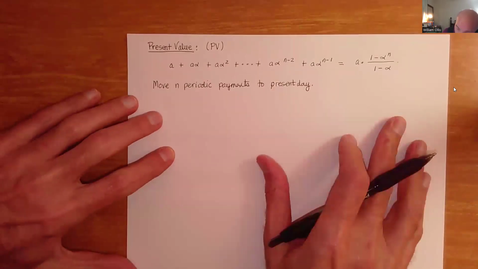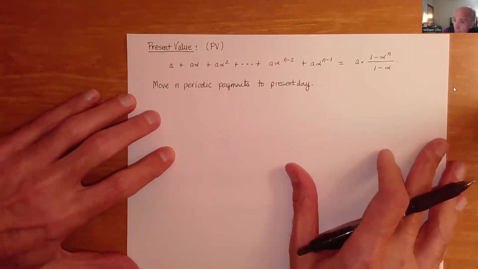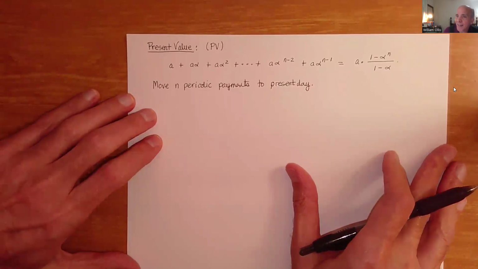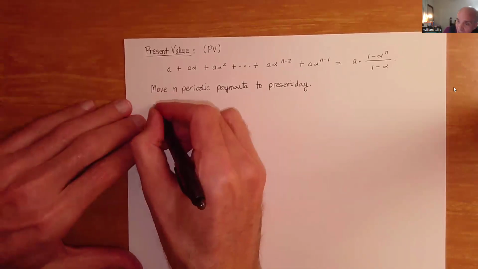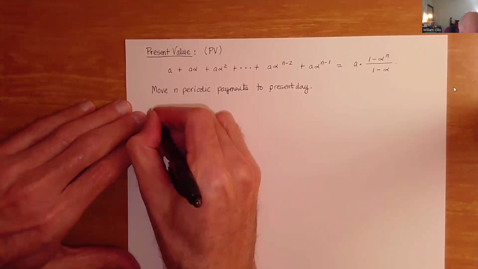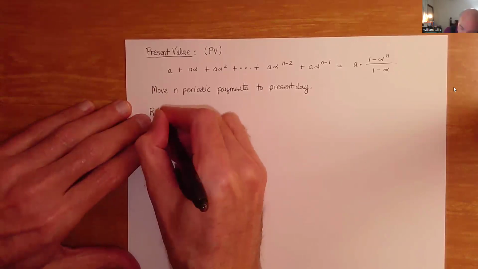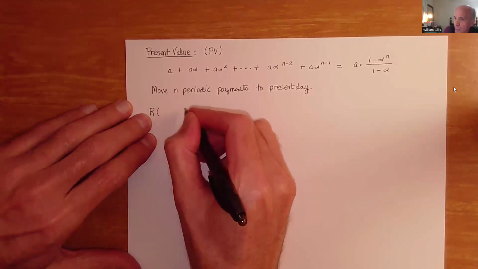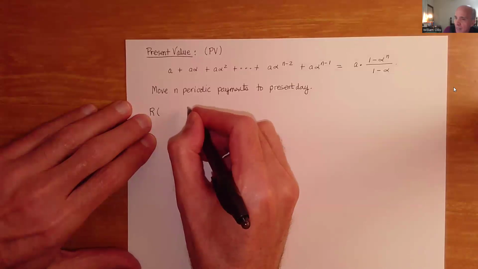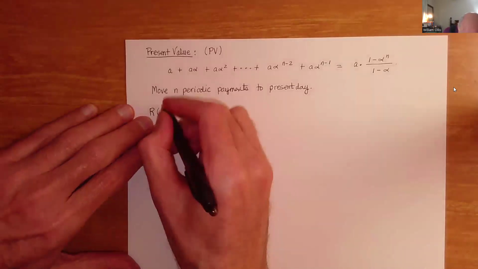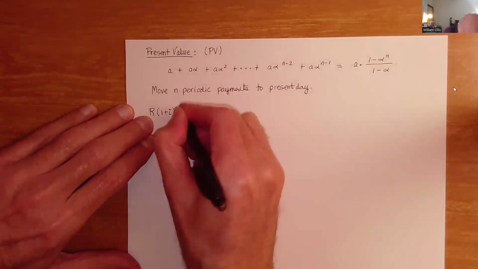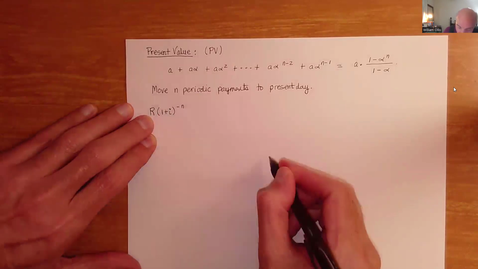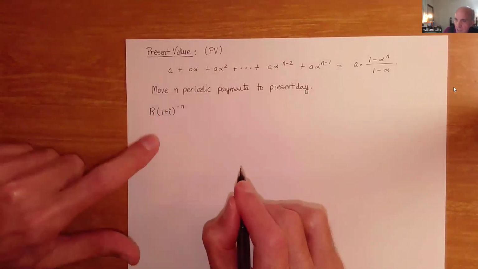So now moving things to the present day is not so bad. So again, we think of being at the end of a payment period. So the very last payment will move forward in a backwards type way. So we actually get a negative power. So we get 1 plus I to the negative n. Now, many students have trouble with the negatives.